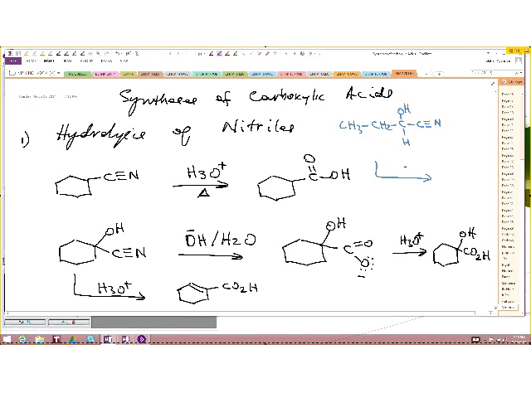Step 1, hydrolysis under basic condition, and then step 2, acidify. You don't have to write it this way, just write step 1, step 2, and then that gives you the desired product.